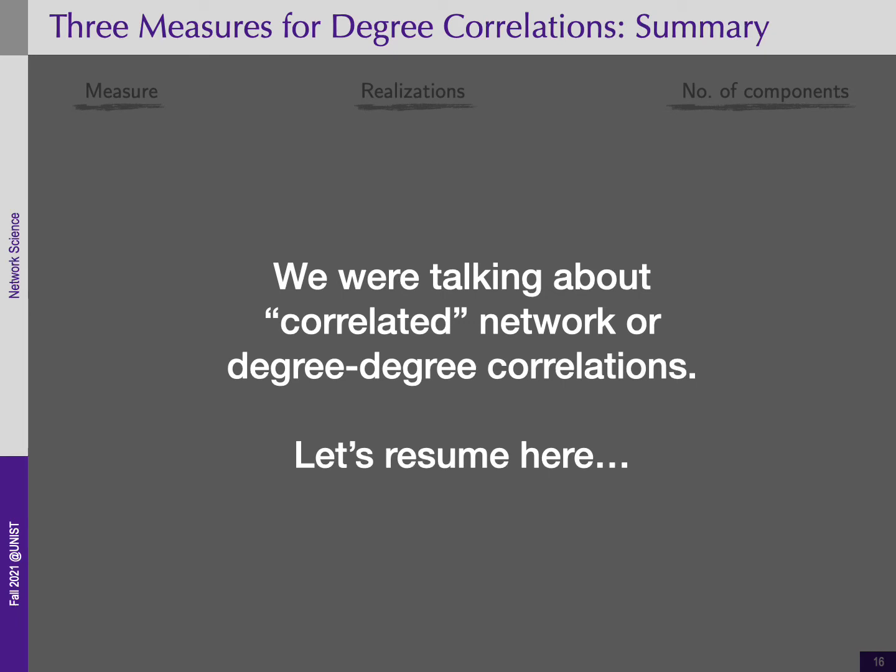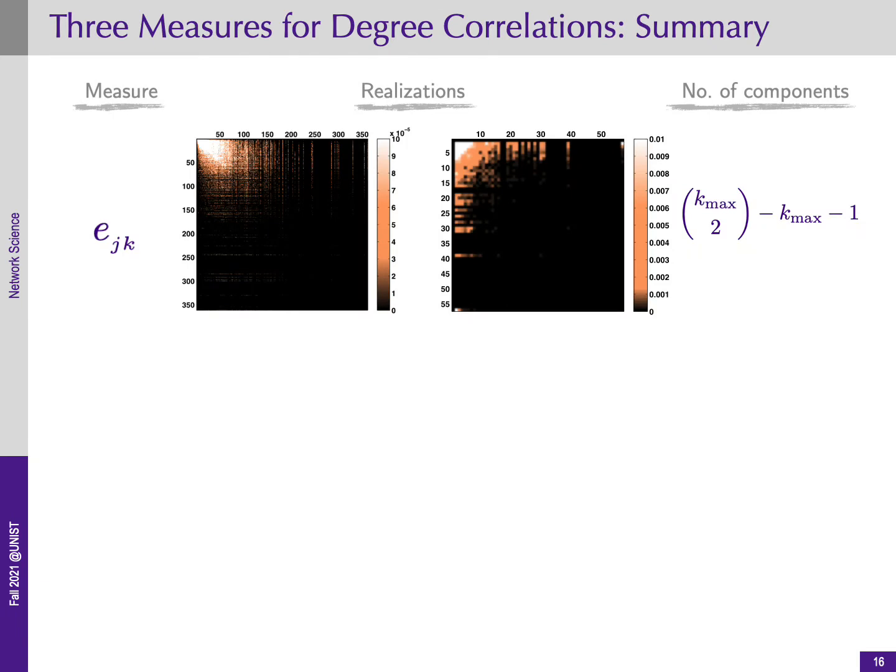This is the second lecture on correlating networks. So far, we have learned three different measures that can capture the correlations between the degrees of a pair of nodes connected by an edge. As the first measure, we learned the matrix element E sub jk, that is the probability to find an edge whose two end nodes have degree j and k.